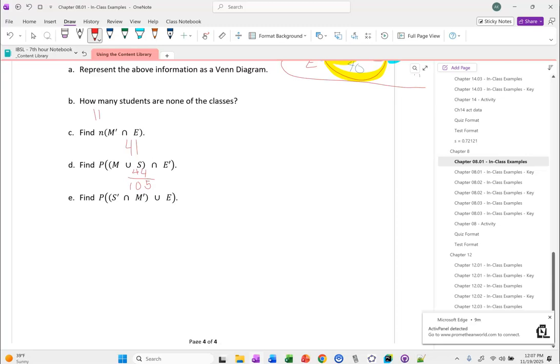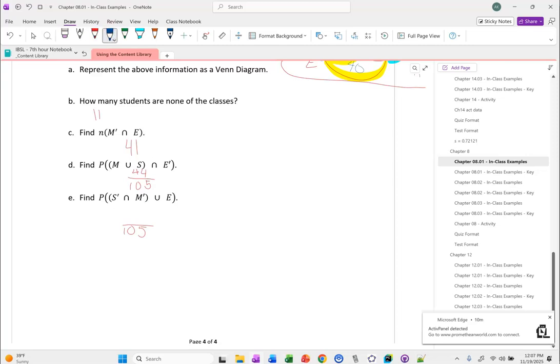How about P of S complement intersect M complement union E? The P out front means probability, so my answer is going to be out of 105. Okay.